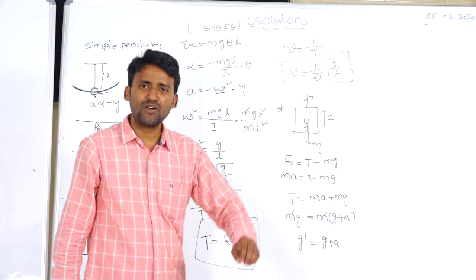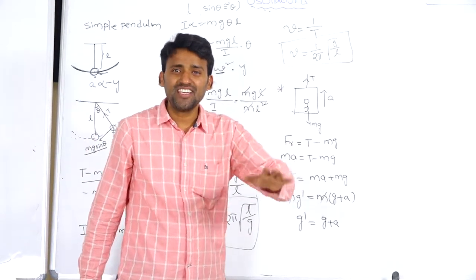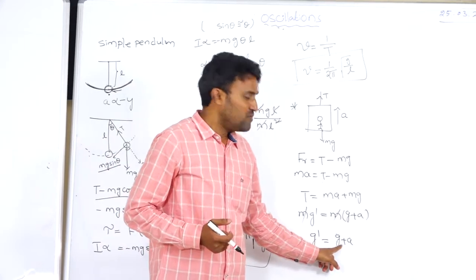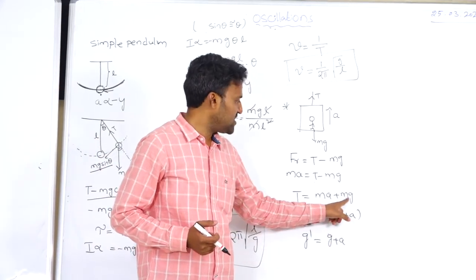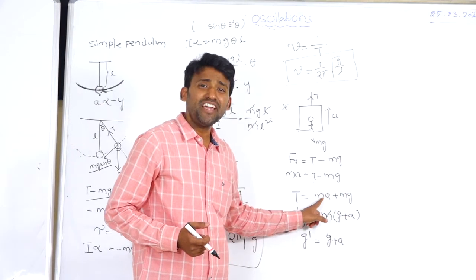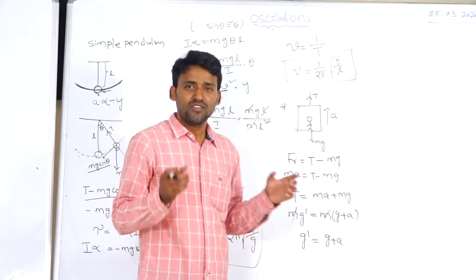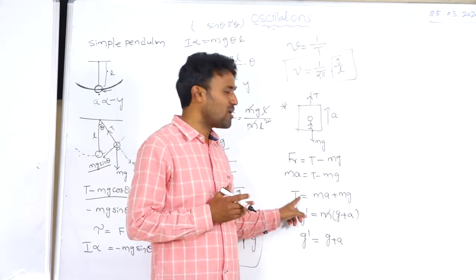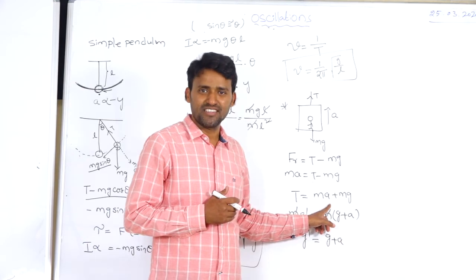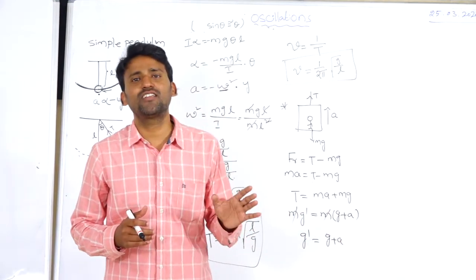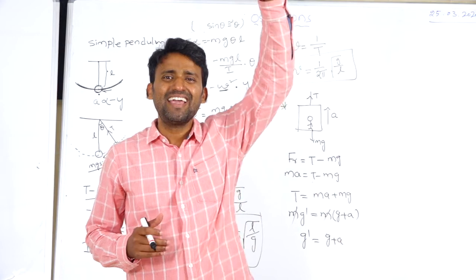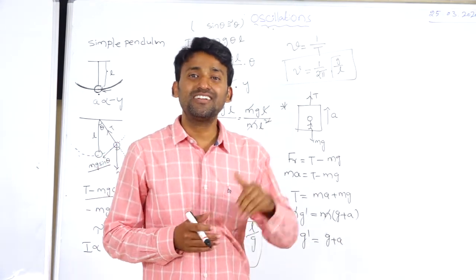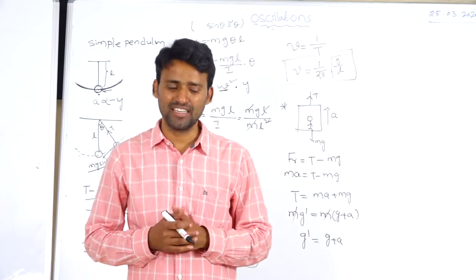When the lift is going upward, your weight appears to increase, because weight is nothing but mg, but ma is added to the mg, meaning some extra force is acting. At that moment your apparent weight appears to increase. When a person is standing inside the lift, the weight appears to increase. When the lift is moving downward, the weight appears to decrease.